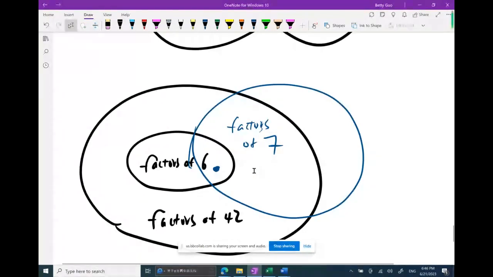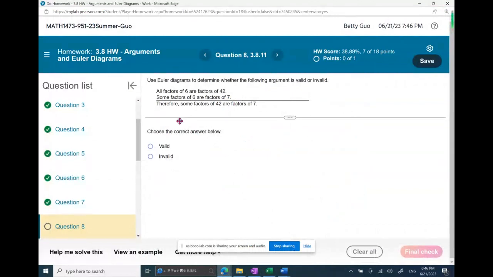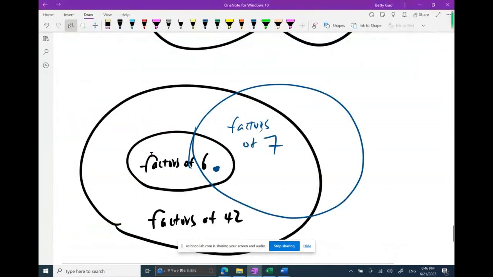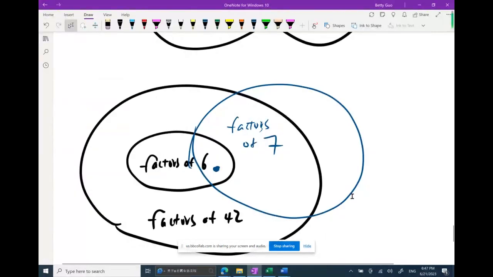So some factors of 6 are factors of 7. For example 1, right? So you know what? Do not worry about the meaning. Do not worry about true or false of those statements. That's the smaller black circle and the blue circle, they overlap. Can we derive this conclusion? Some factors of 42 are factors of 7. Yes. Hold on.